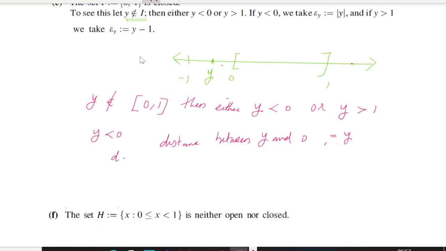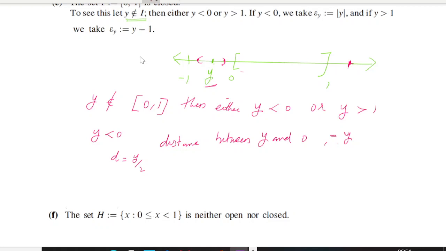Take d equal to the absolute value of y by 2. Y by 2 may come here or here also. Now this will form an epsilon neighborhood of this y. So I have got an epsilon neighborhood of y which completely lies outside of this set. So for this y I have shown this set is a closed set. In the same way, if we are taking y greater than 1, our y should lie here.